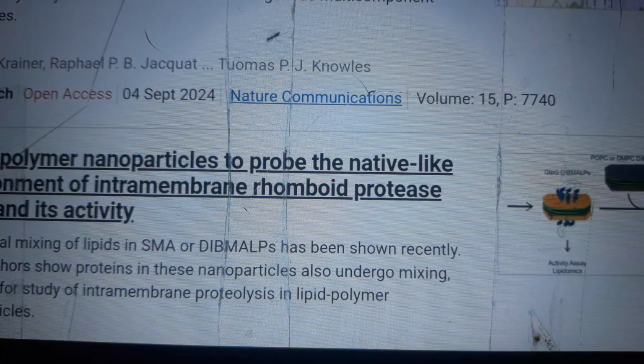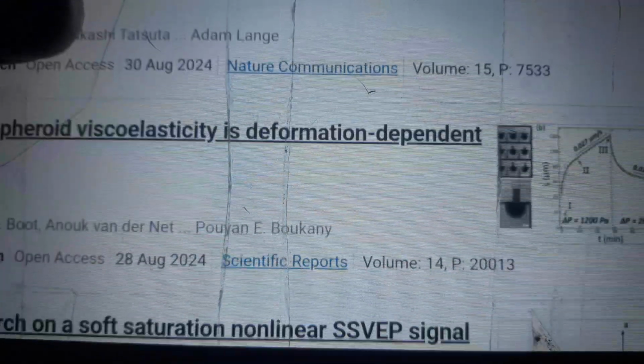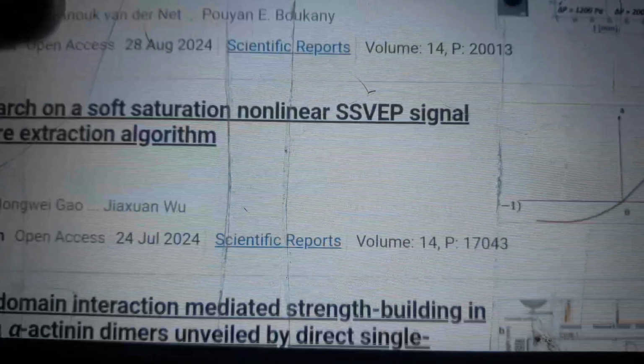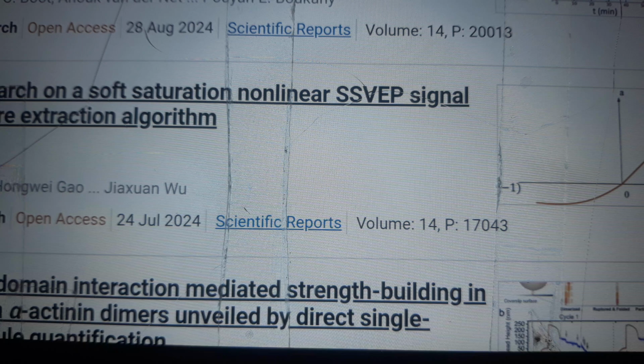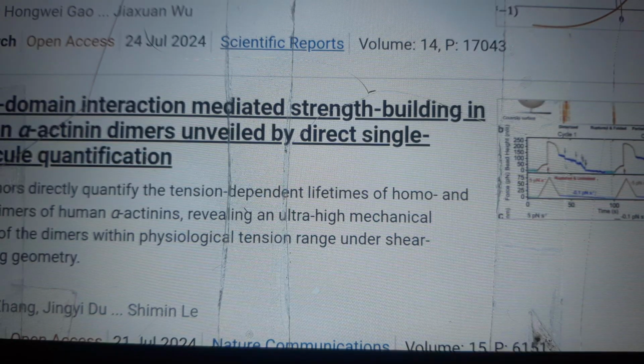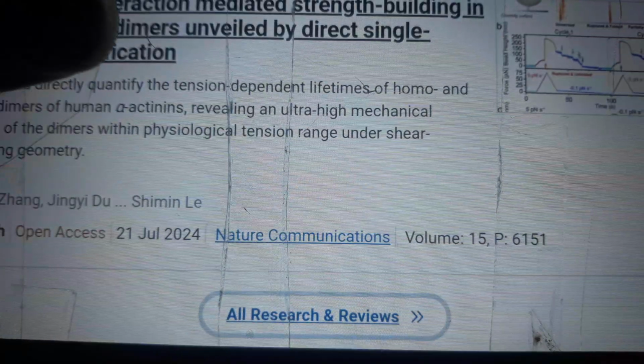After the present topic would be the third one, lipid polymer nanoparticles to probe the native-like environment of intramembrane rhomboid protease GlpG and its activity, cells' viscoelasticity is deformation dependent, and research on a self-saturation nonlinear SSVEP signal feature extraction algorithm, multi-domain interaction mediated strength building in human alpha-actin dimers enabled by direct single molecule quantification.